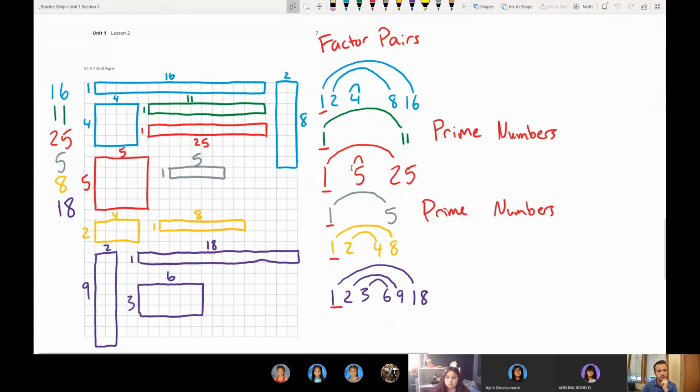Is there anything else that we notice? Let's think. How many factor pairs are there for 25? So in red here, how many factor pairs are there?